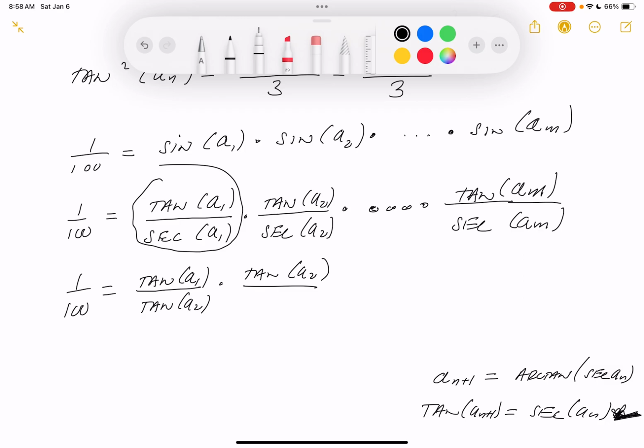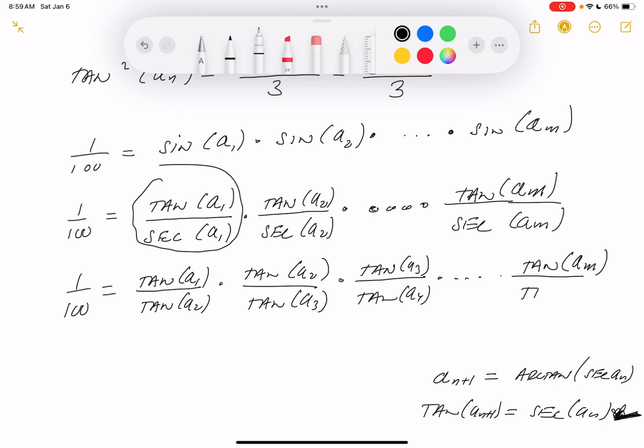It's important that the secant of A2 would be the tan of A3. I think I'm seeing the pattern. Next one would be tan of A3 over the tan of A4. I'm going to yada, yada, yada, put this last guy down, which could be tangent of A_m, and this will be the tangent of A_m plus 1.